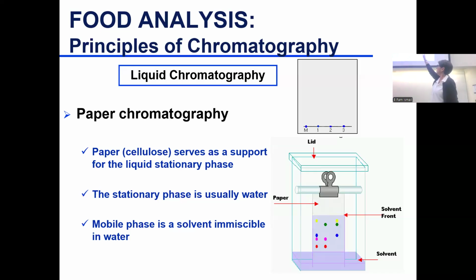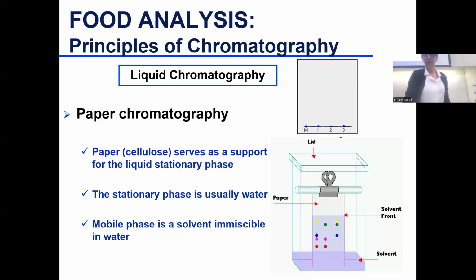However, components in your samples that are not polar and like the hexane will move up with the solvent more, or faster. So they separate based on their relative polarity or relative solubility in the different solvents: the water that is impregnated on the paper and the immiscible solvent that is the moving, or mobile, phase.